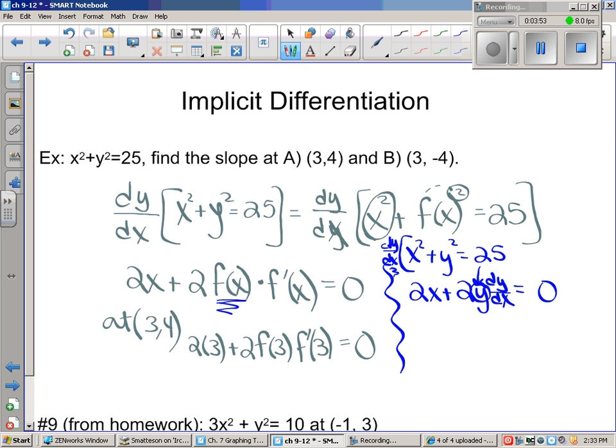Okay? Now remember, what we're trying to find is the slope, or f prime of 3. This is what we are solving for. So what we're basically going to do is say, okay, this is 6 plus 2.